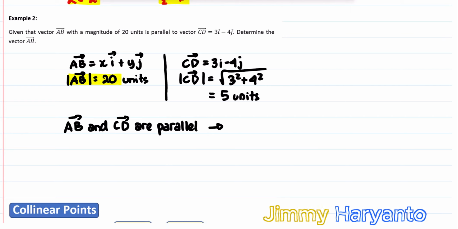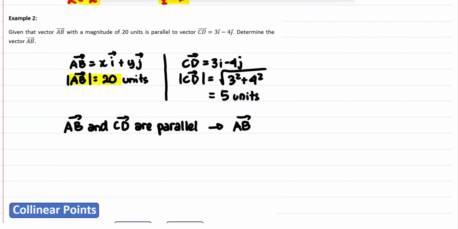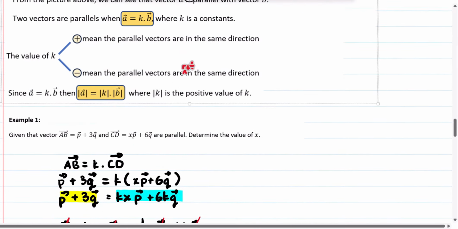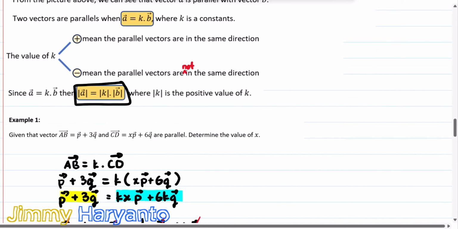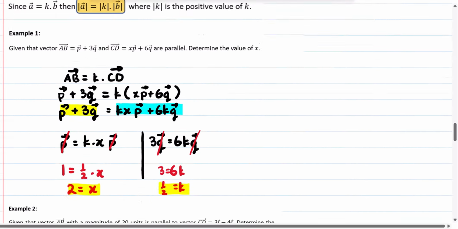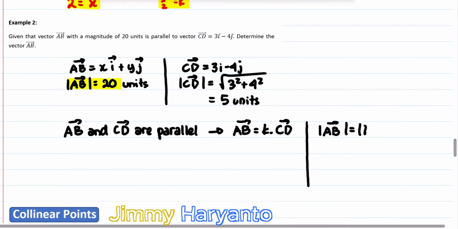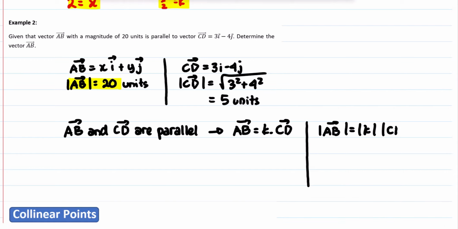That means the factor of AB equals K times CD, right? But we cannot find the K from this one because we don't know the component factors of AB yet. That means we can use this formula. The magnitude of A equals K times magnitude of B. That means we can use the second formula like this.